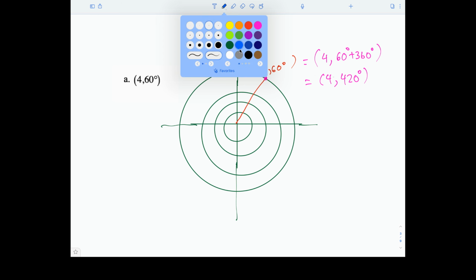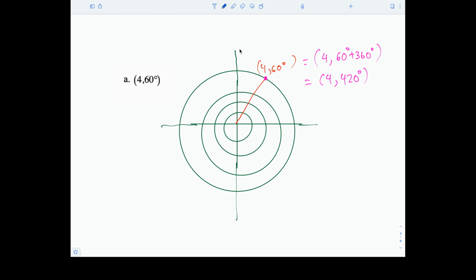Okay, so we got that, but we can do something else here. The other way that we could think about it is if this value was on the other side, right? And being on the other side would mean how many degrees across? Well, if it's straight across, this distance that the blue would travel would be 180 plus the original position, which is 60, because it's half the circle.